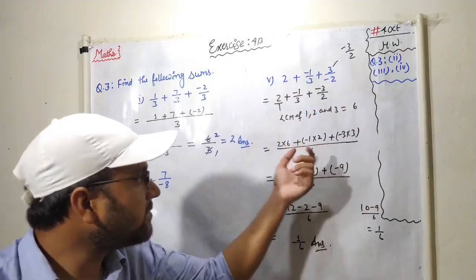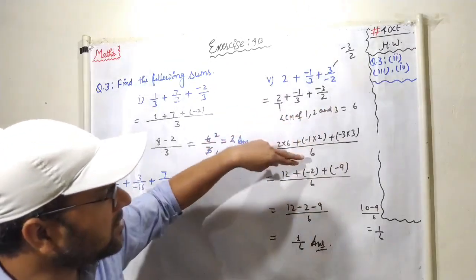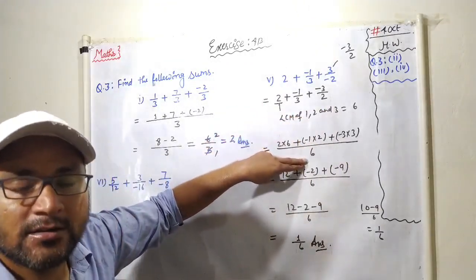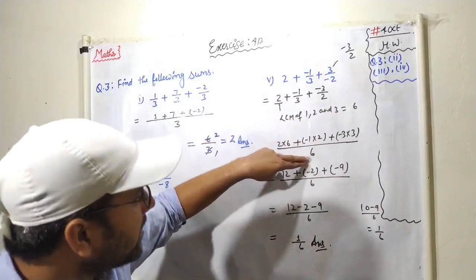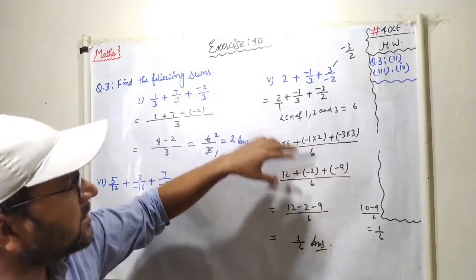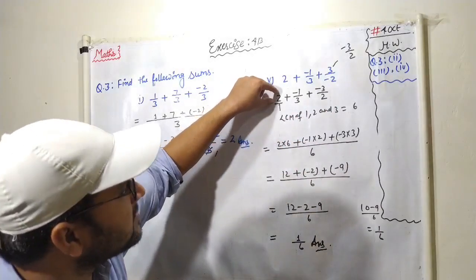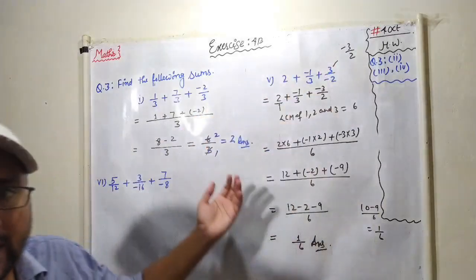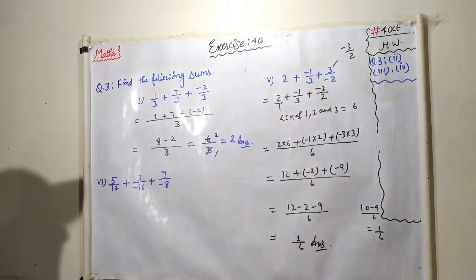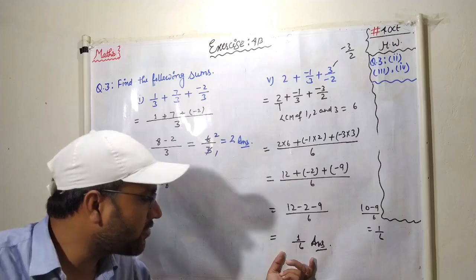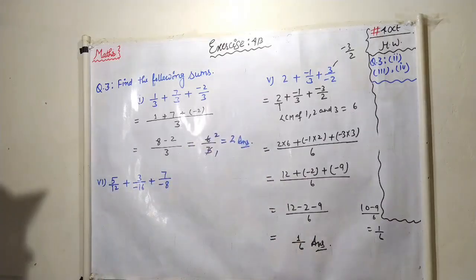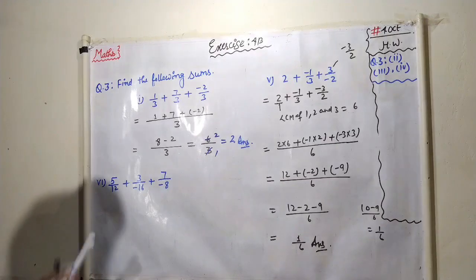You write 1 time, and divide this equivalent denominator by each denominator. The value you get, you multiply into the numerators one by one, and you will get your answer. So 1 upon 6 is your answer for question number 5. Now your question number 6, students.